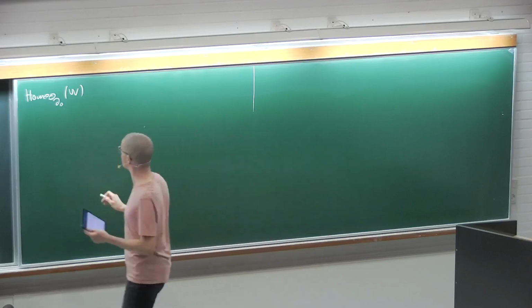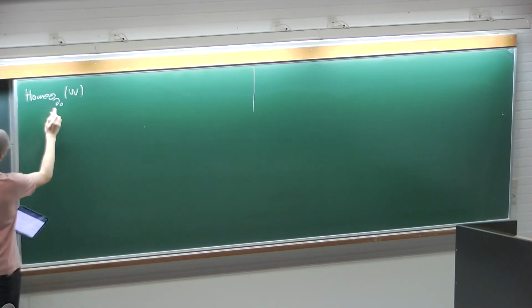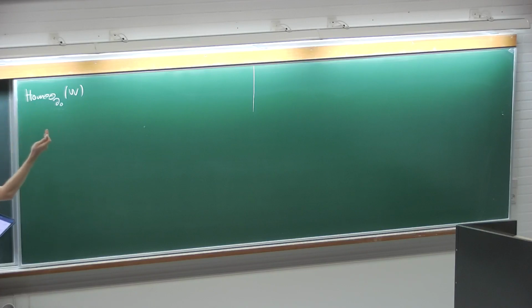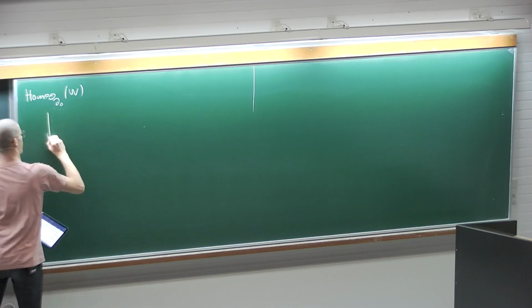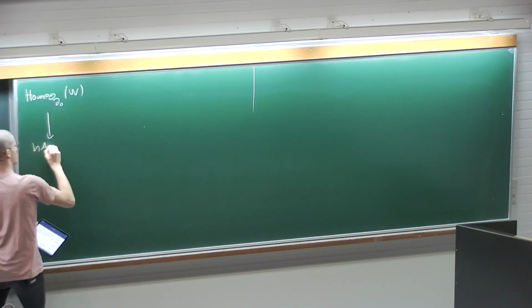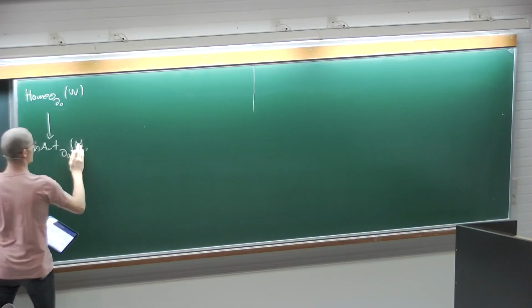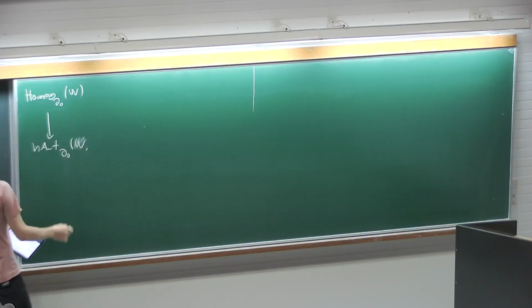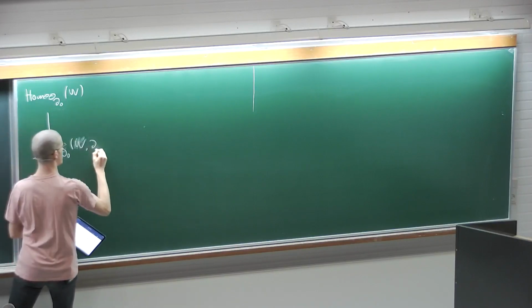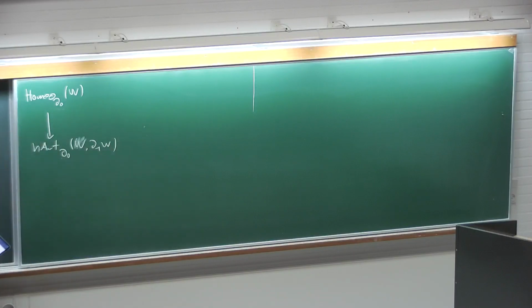This is just God given, it sends the boundary to the boundary. So if I then fix some part of the boundary, then the complement of that boundary, which is partial 1, is going to be preserved setwise. So by forgetting to homotopy automorphisms, I have a map to the space of homotopy automorphisms of W that fix one part of the boundary pointwise and the other one setwise.